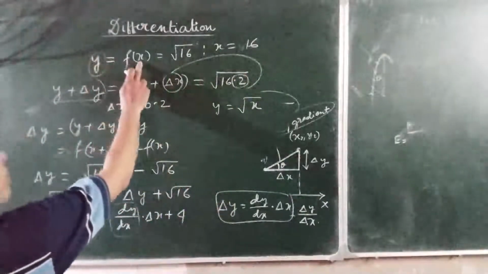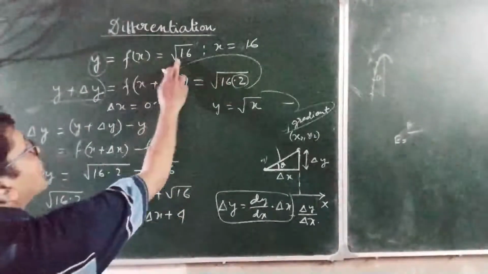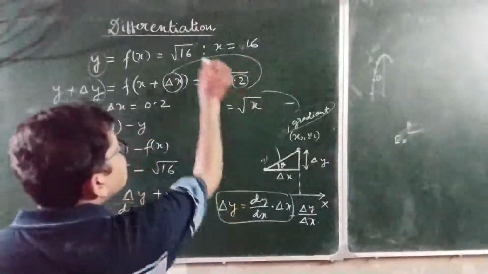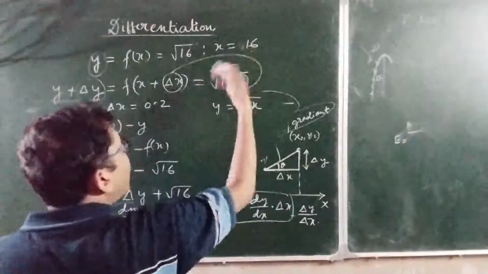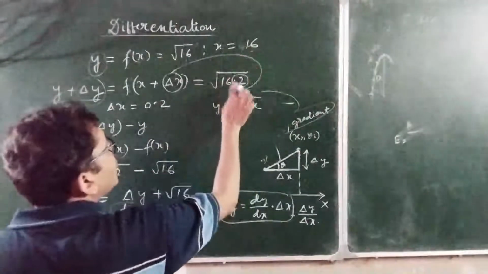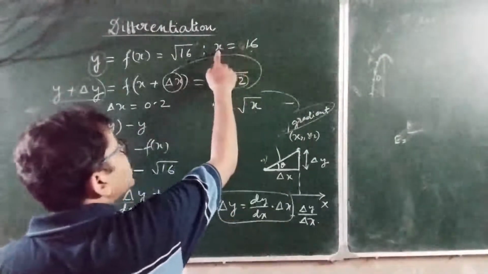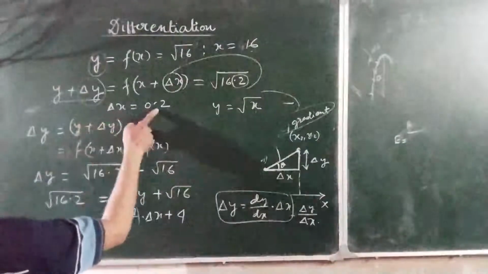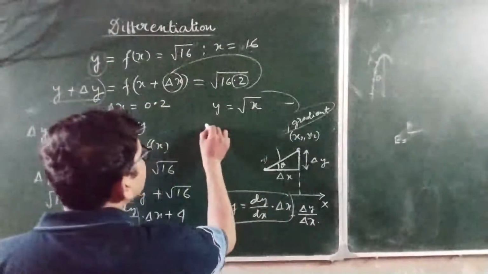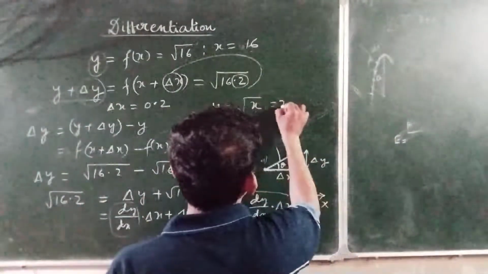When a little bit is increased to that value, it will become 16.2, and that increase is the increase of x, which is del x, that is 0.2. So y is √x, that means it will be x to the power half.